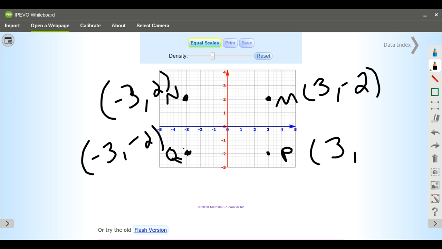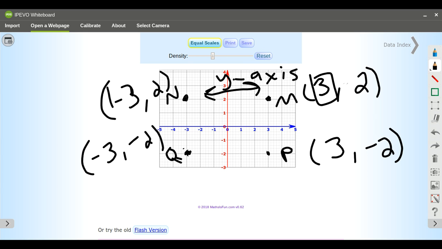So something I want to point out to you guys is I marked this one wrong, so let's fix that first. It's not 3, -2, it's 3, 2. If we take a look at the reflection, here I'm reflected across the y-axis. So when I'm reflected across the y-axis, my x-coordinates are opposites.